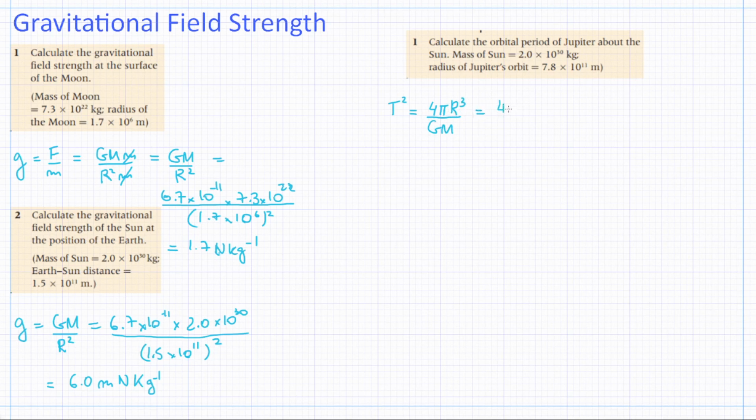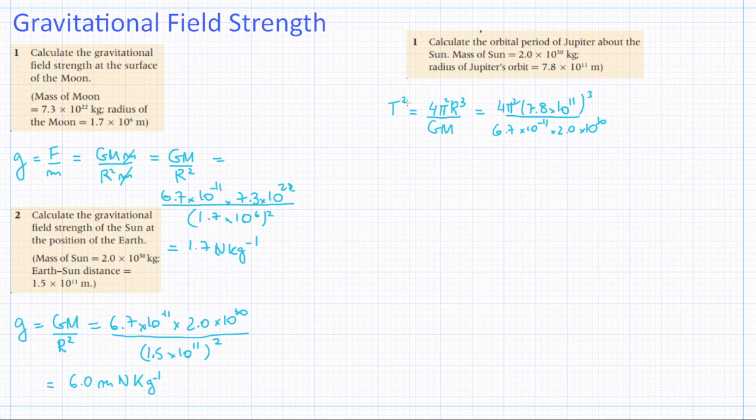So that would be 4 pi squared, then the radius, so 7.8 times 10 to the power of 11, to the power 3, over 6.7, again two significant figures, times 10 to the negative 11, times the mass, 2.0 times 10 to the power of 30.